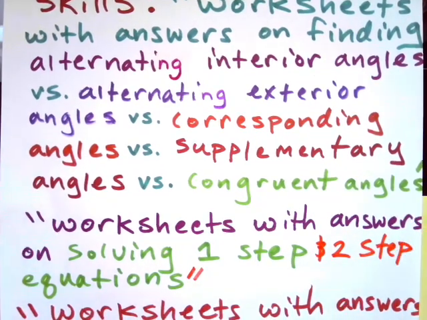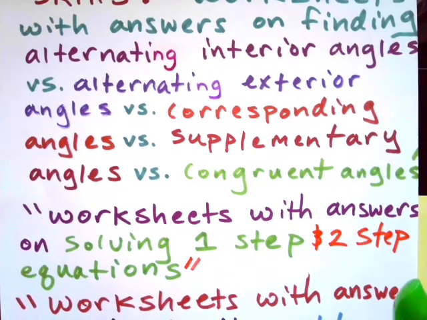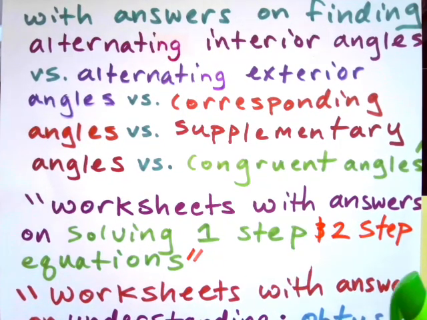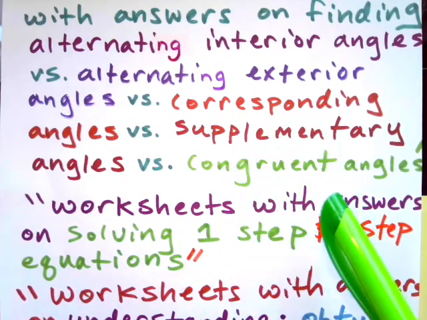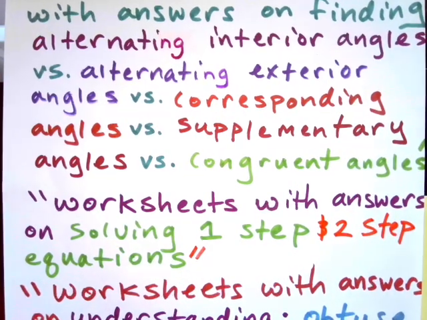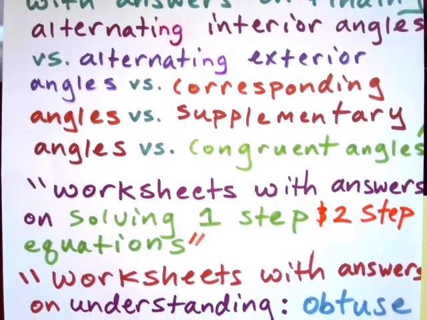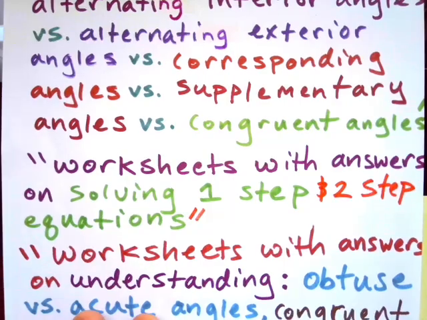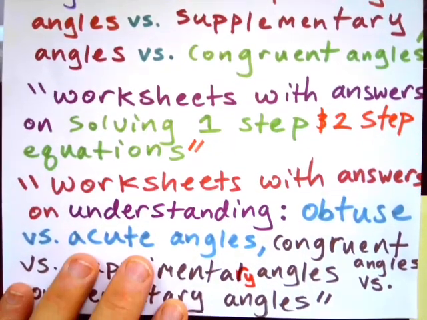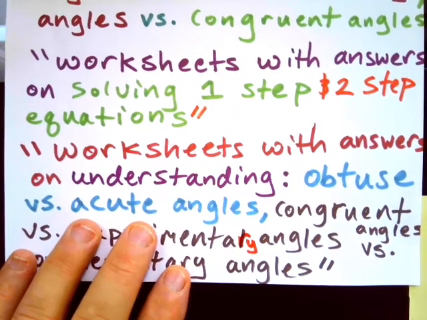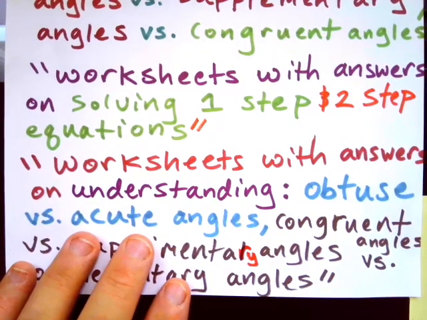Except for supplementary, which is 180, these are all types of congruent angles. They're just the technical verbiage in mathematics that you should probably know, since math is a language.